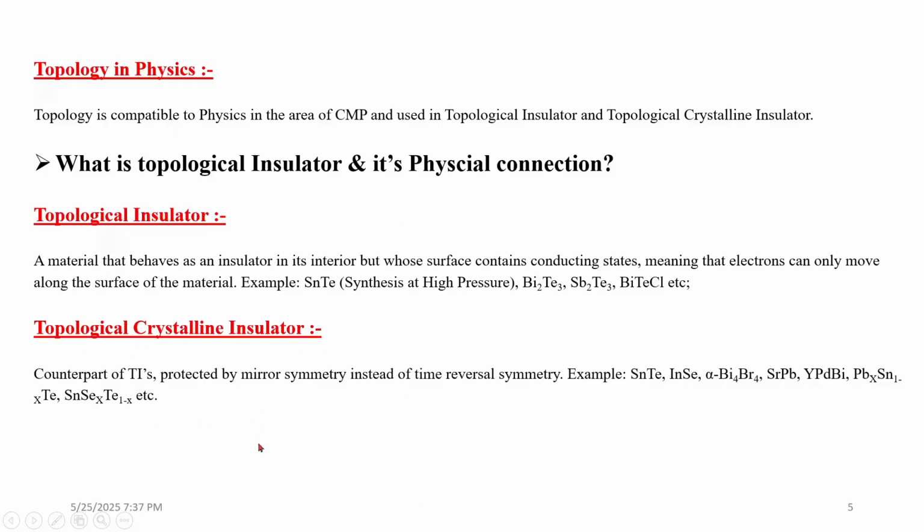Mainly it is protected by mirror symmetry, and many times by inversion symmetry. Other examples like Weyl semimetals also have chiral behavior and are protected by the spin chirality of the Weyl nodes.